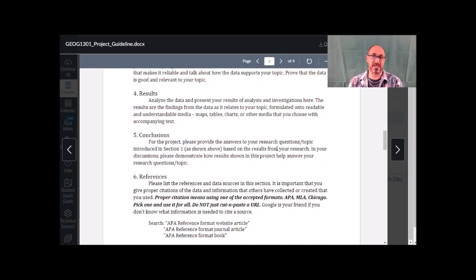Your results section is the area where you talk about how you analyzed the data and what the results of your analysis were. Okay? Did you do any statistical conglomeration? Did you bring some data sets together? Point out some similarities or anomalies.